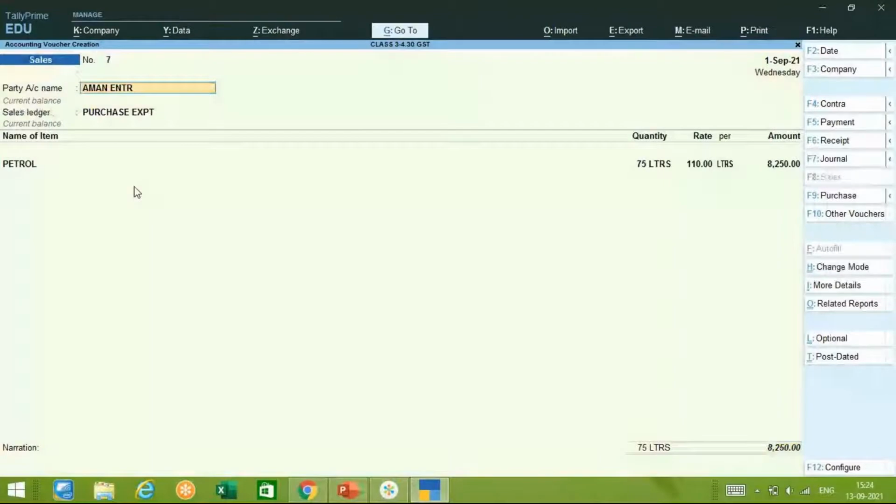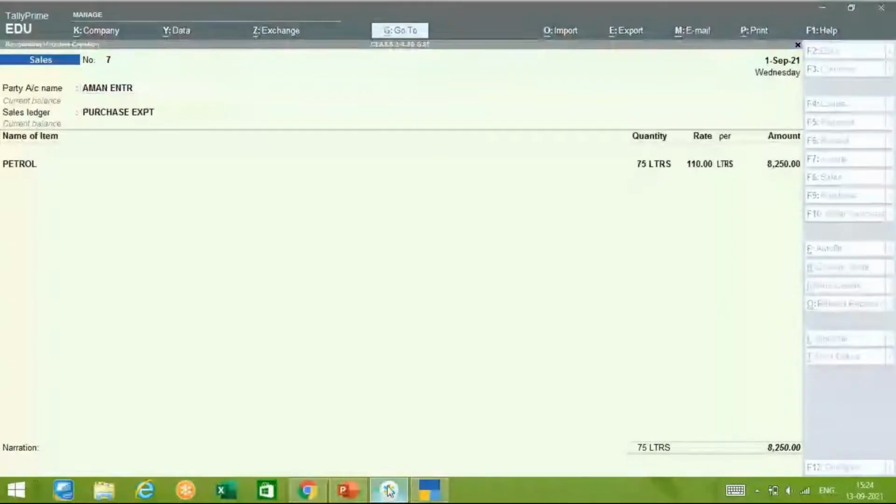Okay. Yeah, because ma'am, it was on the screen. It was showing debit note, so I got confused. Thank you, I had forgotten to convert that. Good that you reminded. Okay.